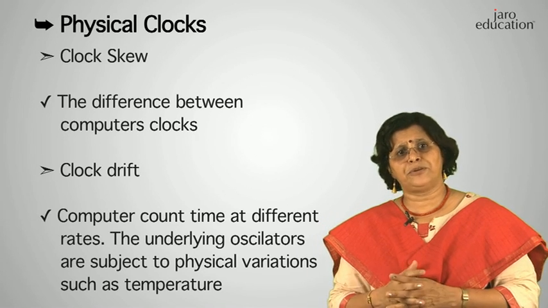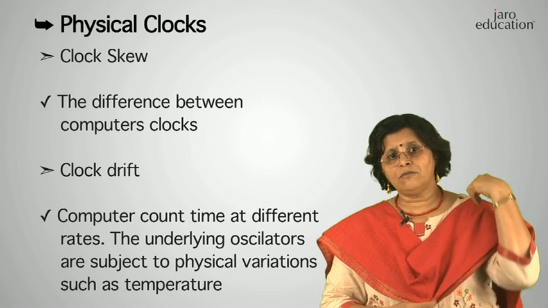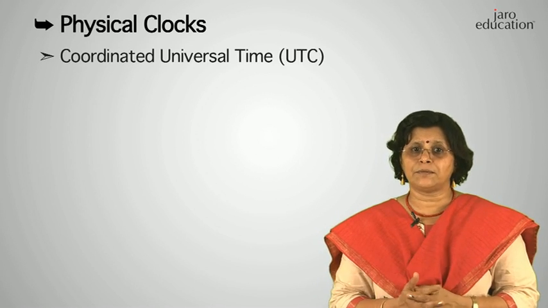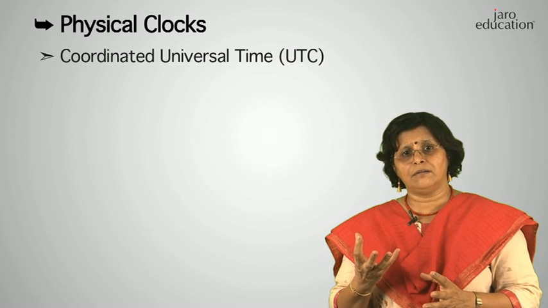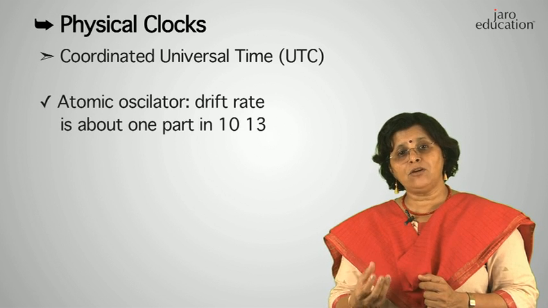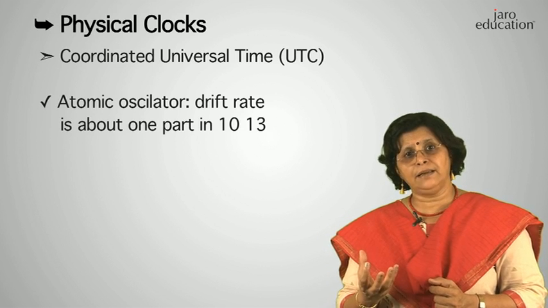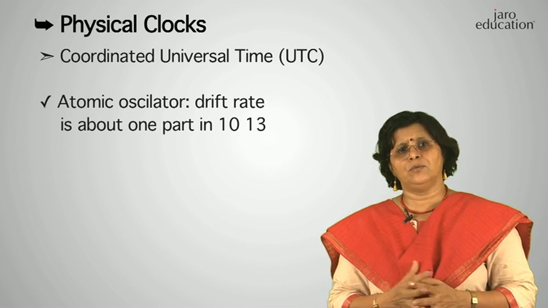In terms of computers, we have a standard time controller which is called UTC, Universal Controller for Time. It is a particular controller, an atomic oscillator, which keeps on vibrating or oscillating at a particular speed which is fixed across the world.